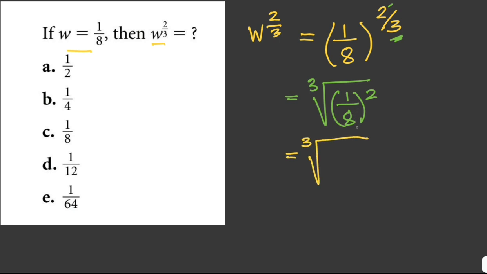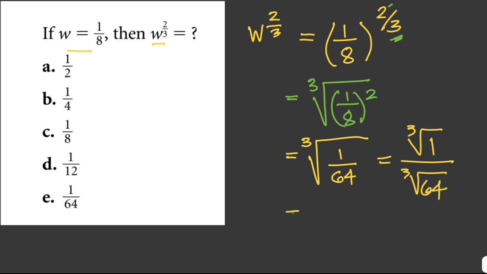So 1 over 8 squared is just equal to 1 over 64. And we can write this as cube root of 1 over cube root of 64. The cube root of 1 is just equal to 1.